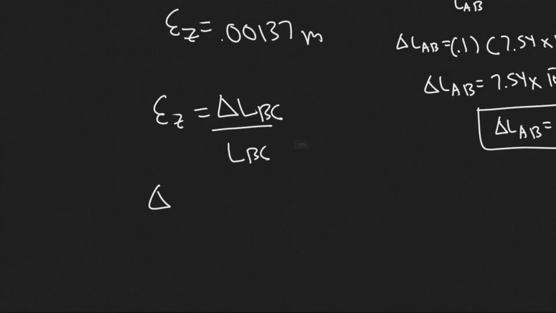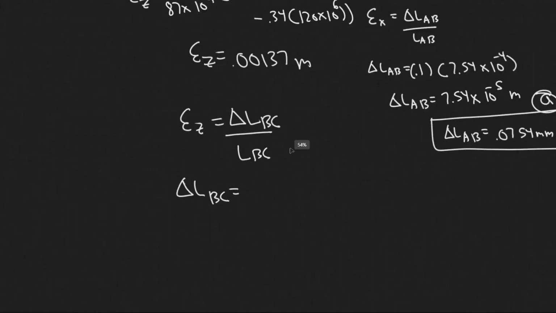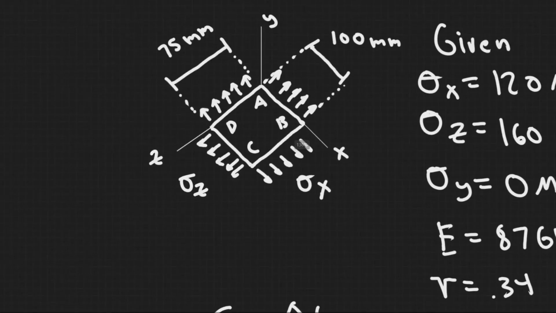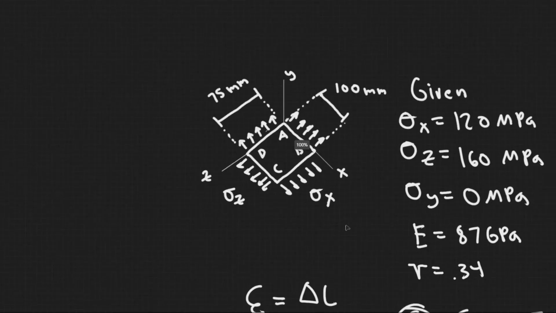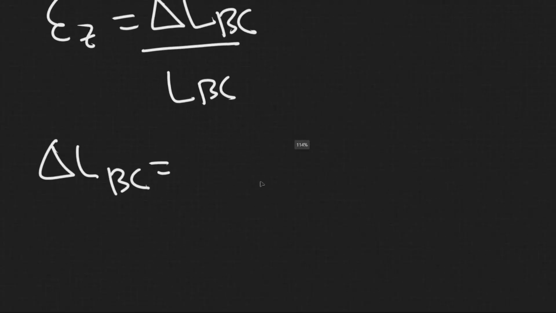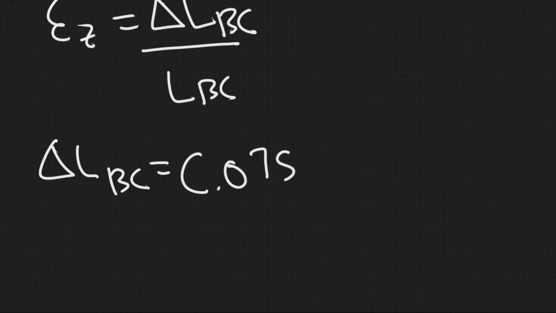But yeah, so delta LBC is, right, you just multiply both sides. So LBC, or the initial length, looking at it, you should notice it's just 75 millimeters, right? Because this is the length of our BC side. So 75 mm, converting that to meters, is going to be 0.075 meters.